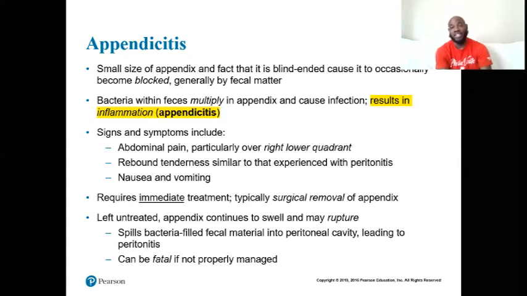You don't want your appendix to rupture. That is actually life-threatening. So if they recognize in time that you have appendicitis, they remove your appendix. Because if it were to rupture, the bacteria from your fecal matter would spill into your peritoneal cavity, which could cause all kinds of inflammation and problems.